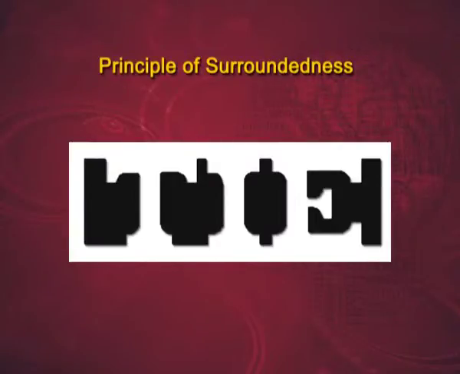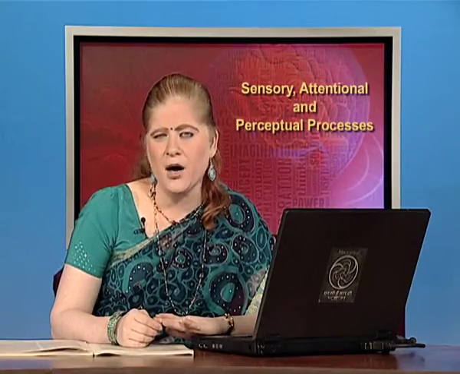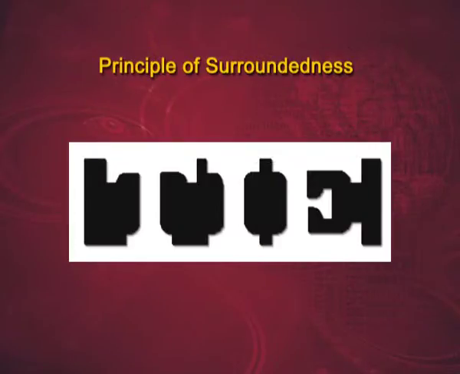Now we come to the principle of surroundedness. We see things surrounded by a background. Here, you will not be able to see the word tie, which is in white. You will rather look at the figures in black as separate figures and white as a background. Why? Because white is more surrounding the black figures.